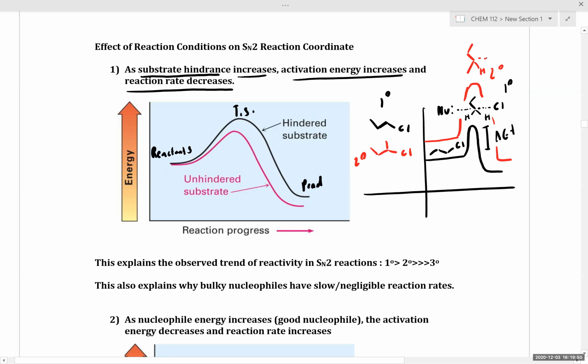What has changed? Our hindered substrate. So yes, we conclude that it has a higher activation energy.